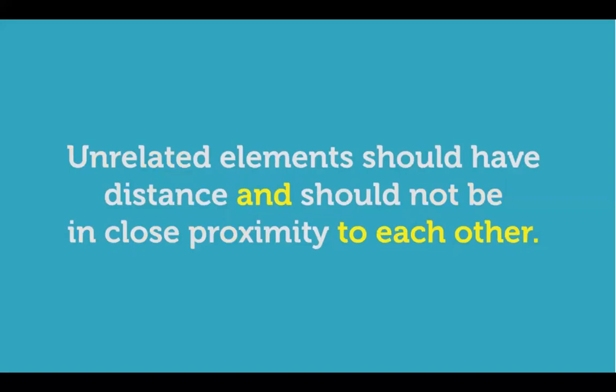And that's what we are saying here, that those elements which are not related should have distance between them and should not be in close proximity to each other. You should not bring them closer to each other, because the moment you bring them closer, people start imagining that possibly they are related, possibly there are elements which are reflecting the same thing, which would end up confusing the viewer.